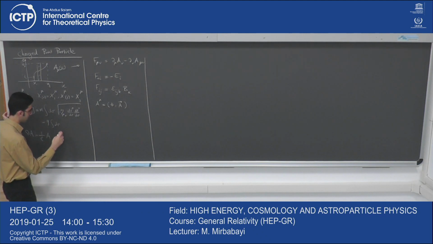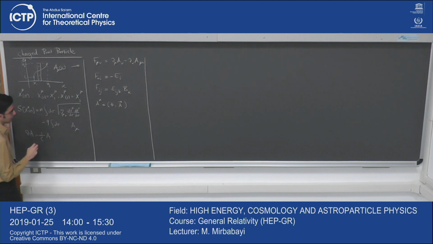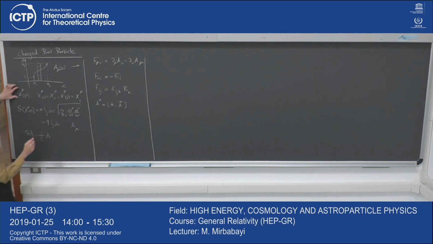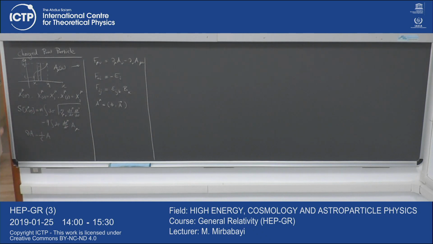And the least number of derivatives that I can put here is 0. So what I can write is that there is a factor A mu, and the object that I can put here using the parameters of the trajectory of the particle is dx mu by d sigma.